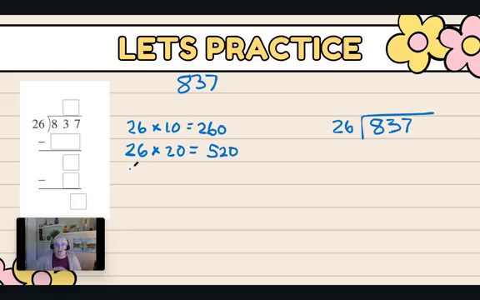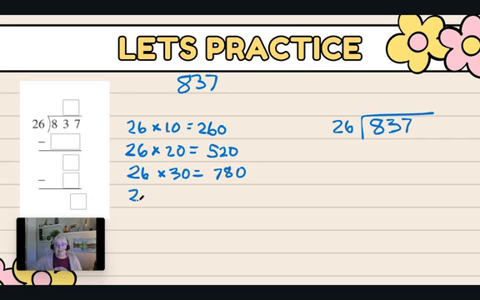Getting closer, let's try 26 times 30. That's the same as 26 times 3, and then multiplying by 10 afterwards. Well, 26 times 3: 6 times 3 is 18. 3 times 2 is 6, plus 1 more is 7. Add that 0 in, 780. Wow, we're really, really close.